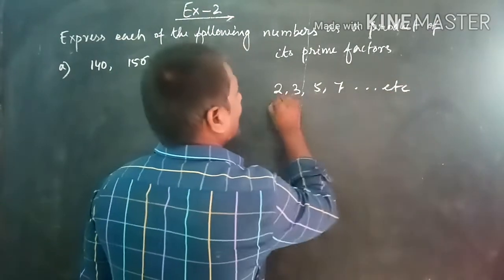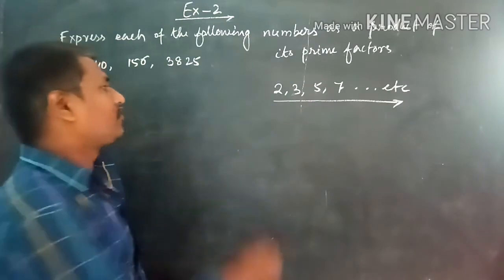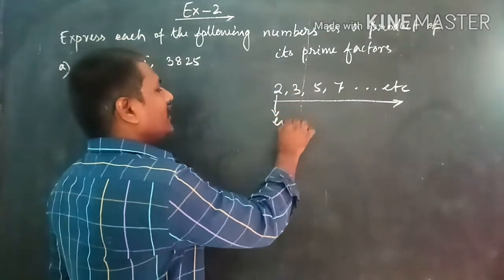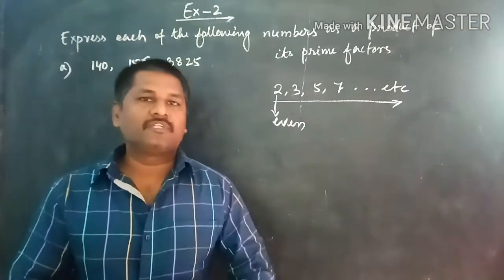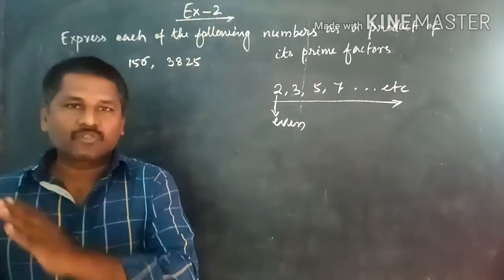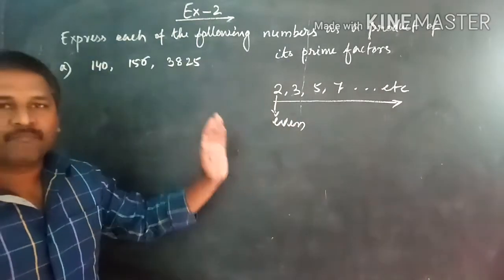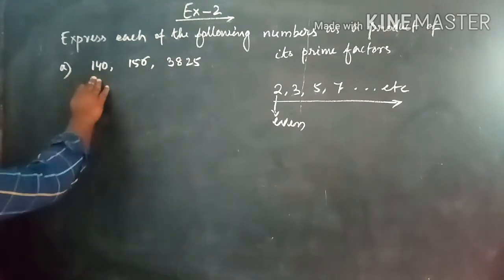All these numbers are prime numbers. Among all these, 2 is the only even prime, and the rest of all primes are odd. So all primes are odd numbers except 2, because 2 is an even prime number.